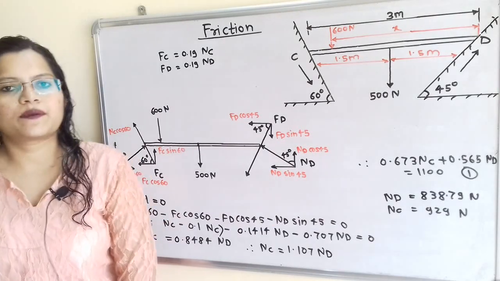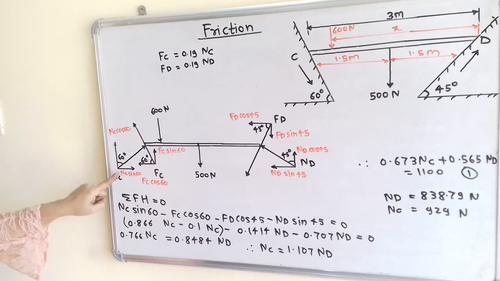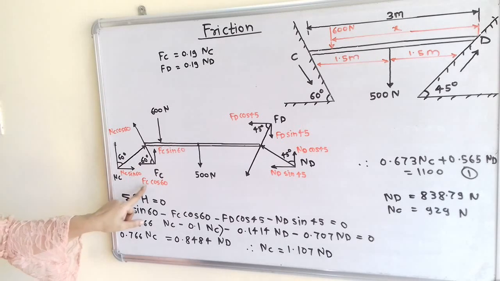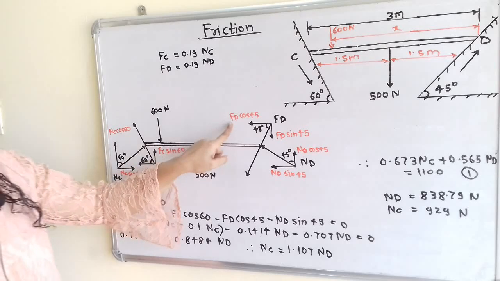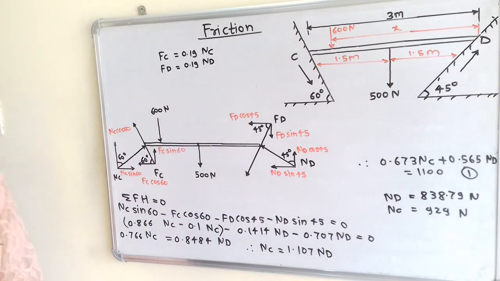Now we will take the summation of all horizontal forces equal to 0. So first is NC sin 60. The direction is towards the right hand side, so we take the positive sign, minus FC cos 60 minus FD cos 45 minus ND sin 45 is equal to 0.